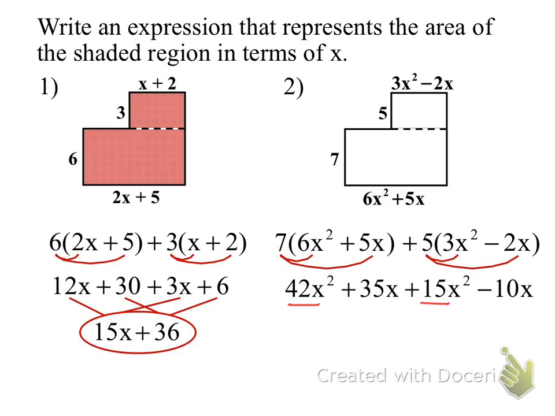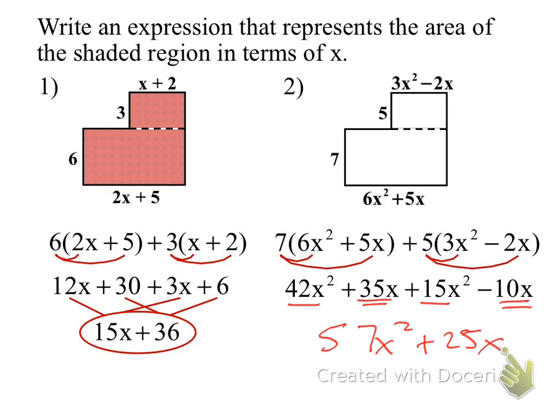You add those two and get 57x to the second power, and then you subtract and get plus 25x. Make sure you're putting that sign in. Don't just put the amount.